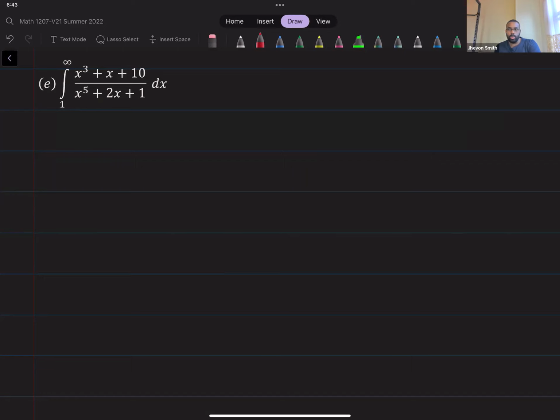So you see this guy, you want to use a comparison theorem. What is a nice function that you think you could compare this to? Any ideas, any guesses?